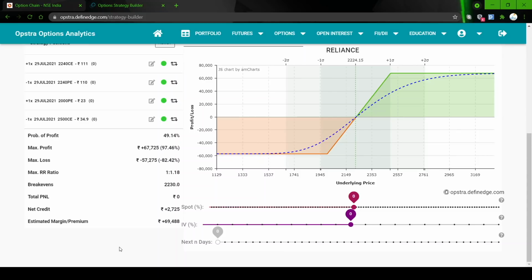Normally if you go and acquire Reliance shares, it will cost you about 5.5 lakhs. And on top of the 5.5 lakhs, to sell the option, you have to pay more. But with the protective synthetic covered call strategy, we are going to take a fully hedged protective position in Reliance for just 70k.